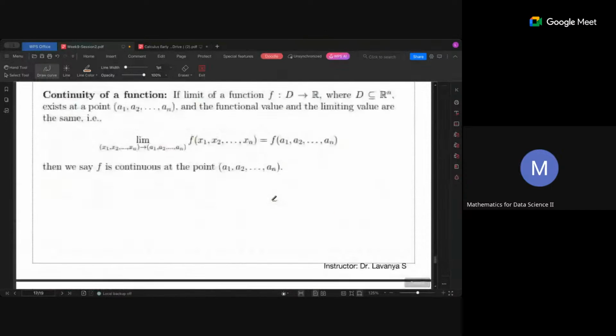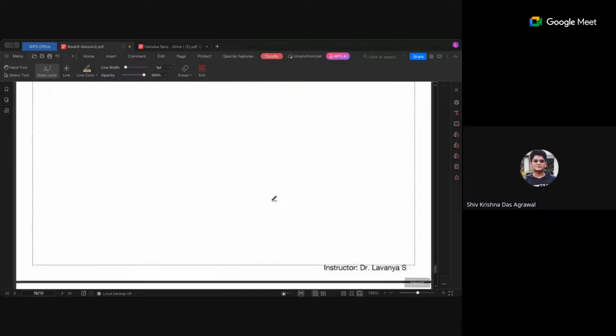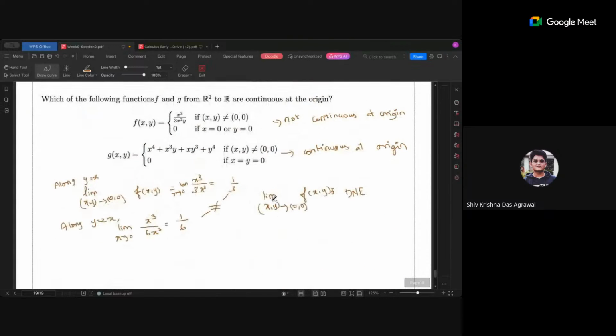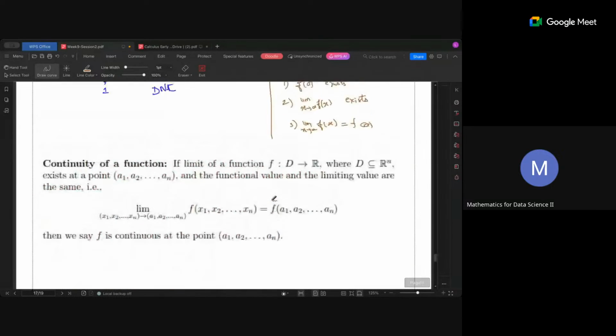Any doubts? Ma'am, in the last question, it is asking for continuity at origin, and we have shown that the other two limits are not equal. So how does it say it is not continuous at origin? The third point fails. For the continuity, you need all these 3 points.